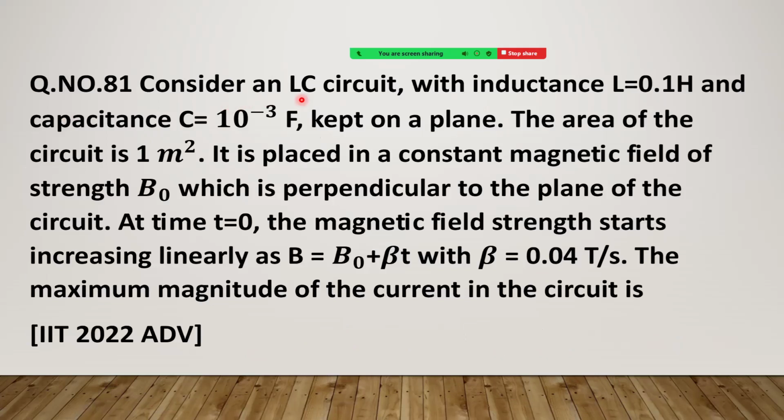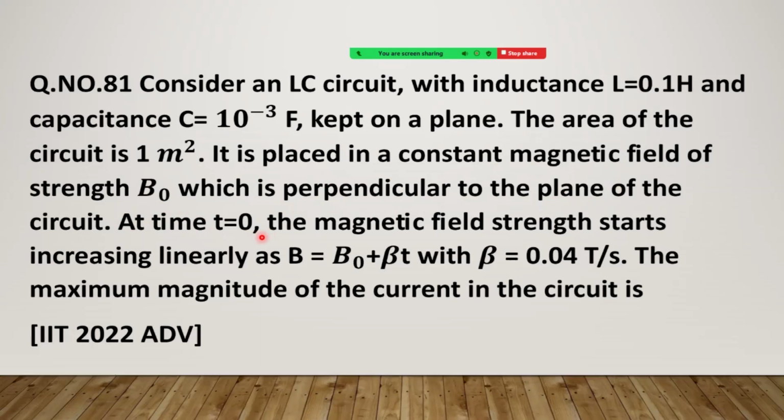Consider an LC circuit with inductance 0.1 Henry and capacitance 10 power minus 3 farad kept on a plane. The area of the circuit is 1 meter square. It is placed in a constant magnetic field of strength B naught, which is perpendicular to the plane of the circuit.